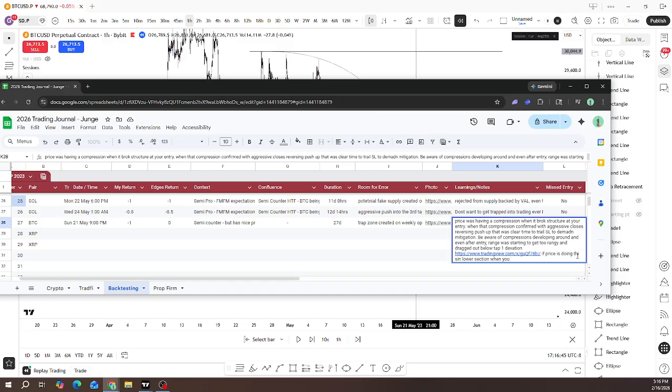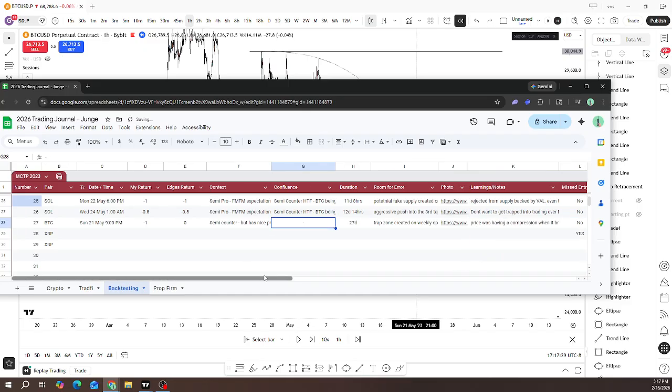So yeah, when price is doing this instead of doing this, because I got the screenshot there in the lowest section, when you would prefer to move lower due to semi-counter context, it can be riskier, to be more likely for that to happen. It's something to be aware of for sure.